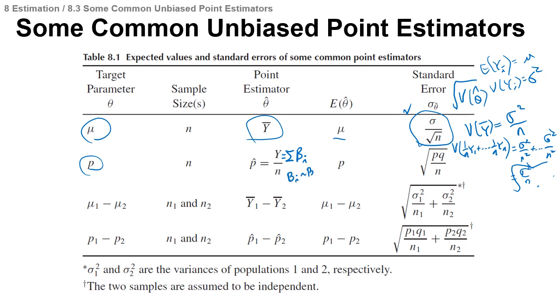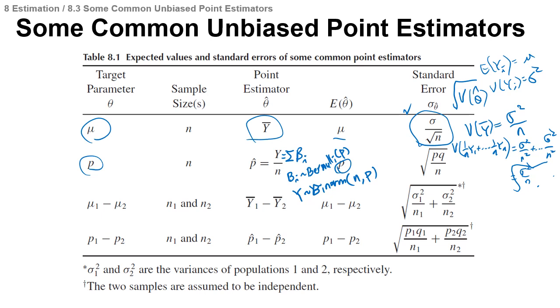Each Bi follows a Bernoulli distribution with parameter p, and so the sum of the Bi's, Y, follows a binomial distribution with n and p. So if Y follows a binomial distribution, the expected value of Y is np, and p hat is Y divided by n. So the expected value of Y over n is p.